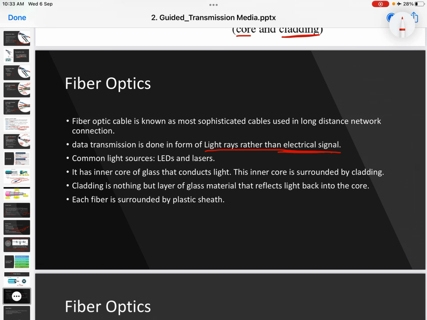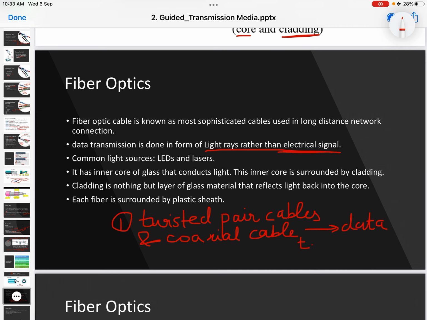So we saw that in the first two types, the twisted pair cables and coaxial cables, data transmission was done in the form of electrical signals.